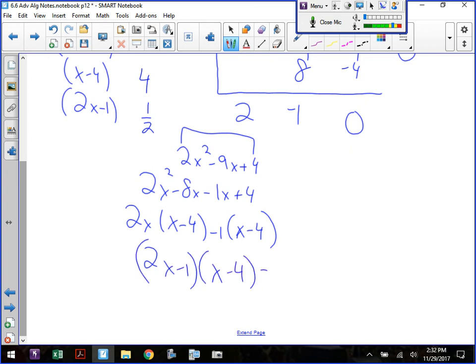Which way is faster? Synthetic. Synthetic division is so much faster, especially when you remember that you've already listed out your possible zeros. You start there. If you know that your possible zeros exist at specific values, you just keep checking the values as you go down the list. You don't have to factor it the long way. There's no reason to. It's a nice little shortcut.